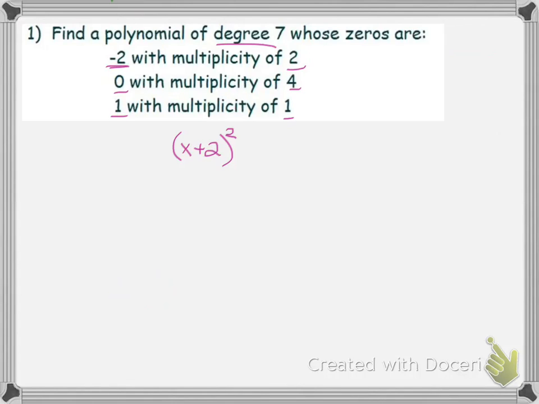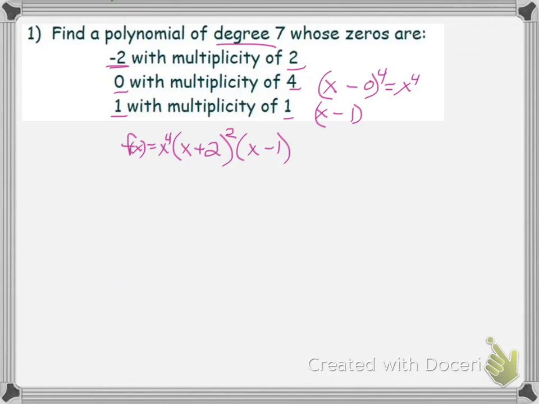It's a multiplicity of 2, so it's going to be squared. This is going to be a 0, which is just x, x minus 0, so it's going to be x to the 4th, and I'm going to write that out in front. And then this one is going to be x minus 1, so that's going to go here.